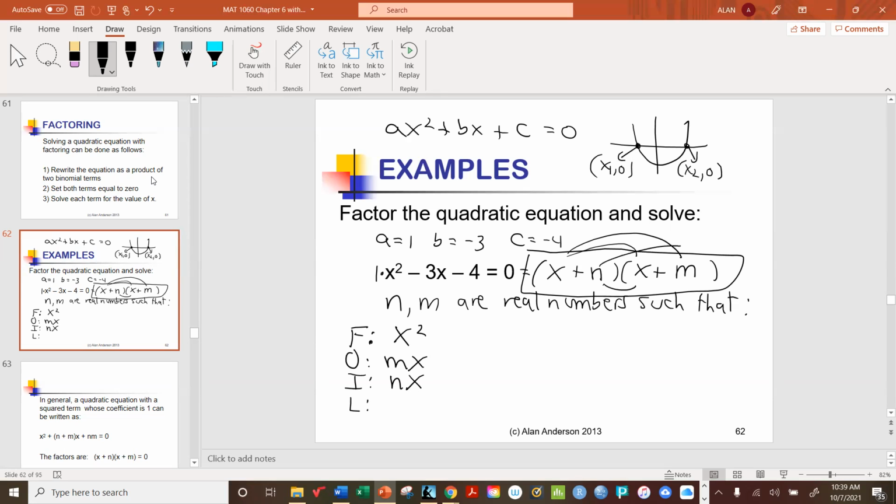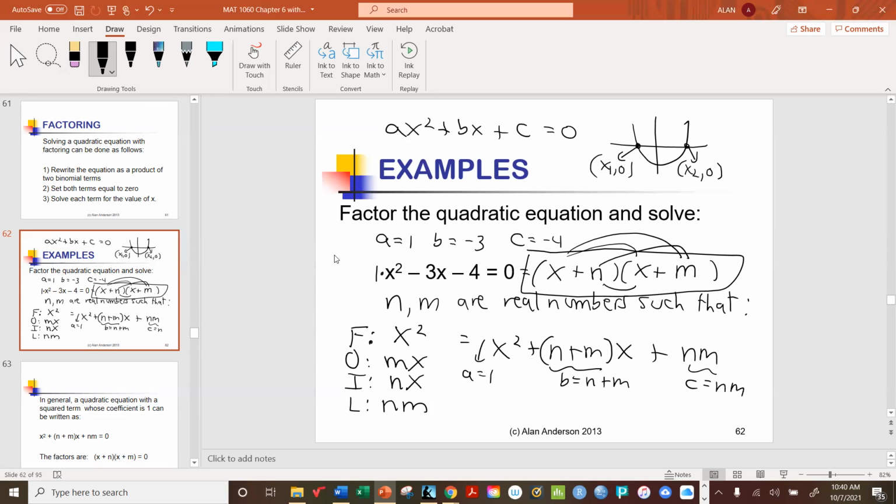And the last terms are nm. So you end up with x squared plus (n plus m)x plus nm. So that means that a is 1, b is n plus m, and c is nm.